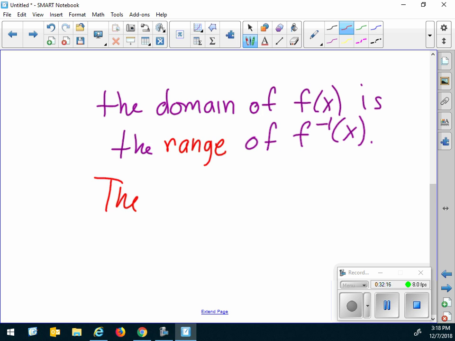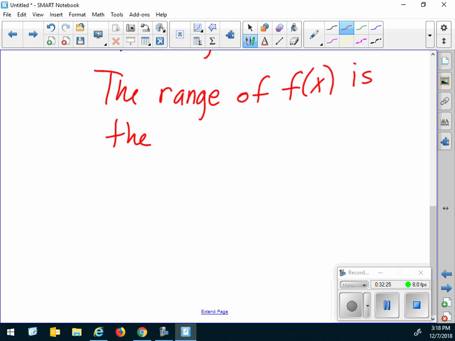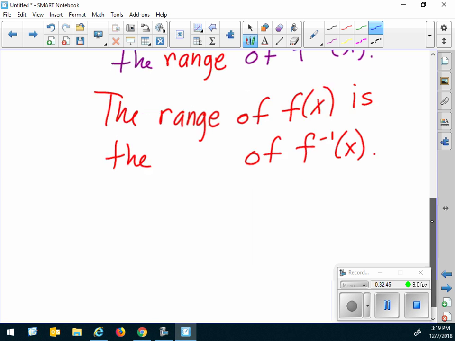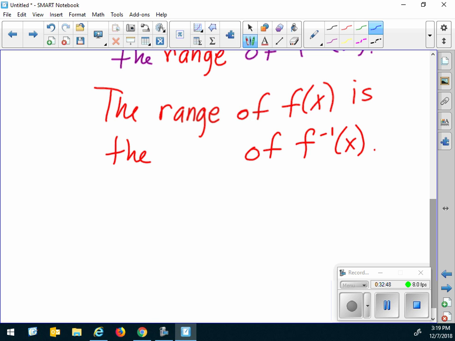The range of f of x is the domain of f inverse of x. I'm waiting for y'all to fill in the blank. Domain.